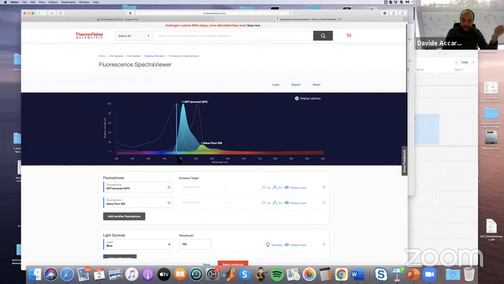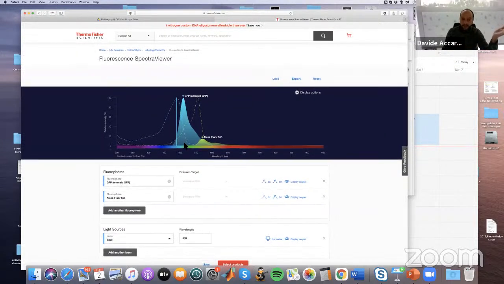With the filters that are available, if the filter you have goes from 500 nanometers to 600 nanometers, so it's a broad band of absorption for monochromatic GFP experiments, it's useless to plan to stain your sample with these two fluorophores, and it will be better to use a further red-shifted dye.